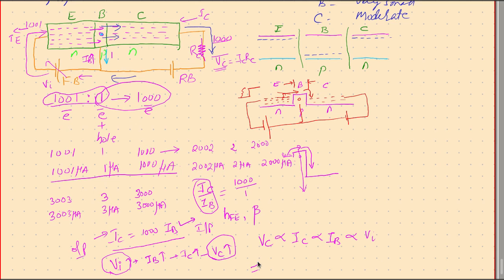So we can claim that VC is under control of VI. That's the logic for amplifying voltage. This itself is a current amplifier. This is the logic of a voltage amplifier. And if these two work together, that's the basis for a power amplifier. So that's the basics. If you talk in terms of energy, then things will be easier.